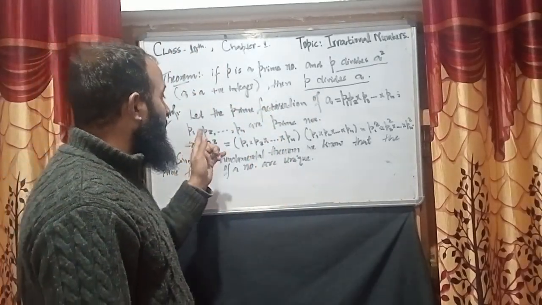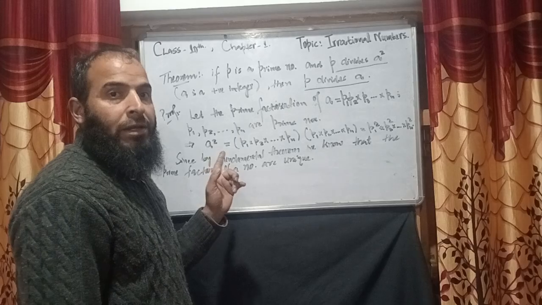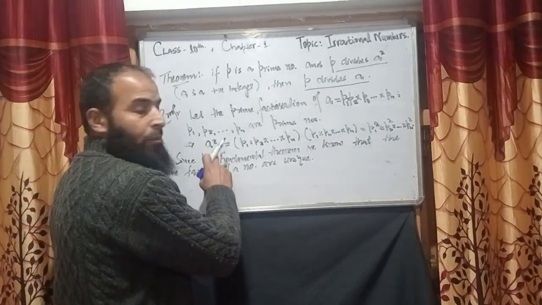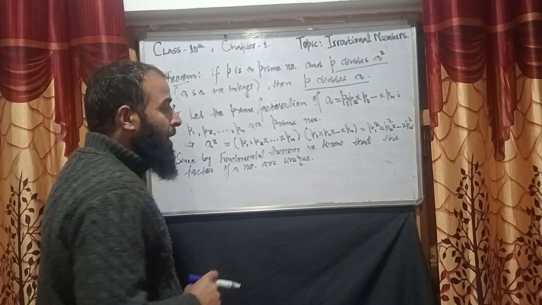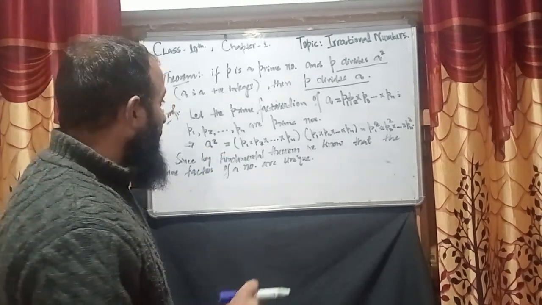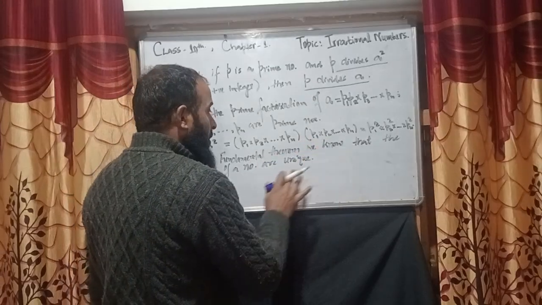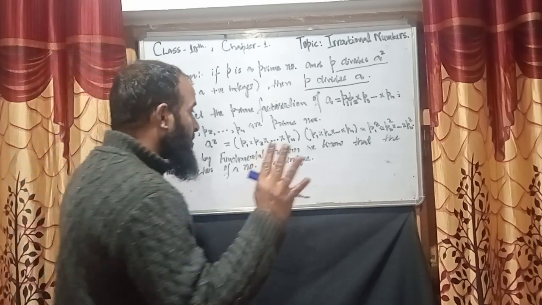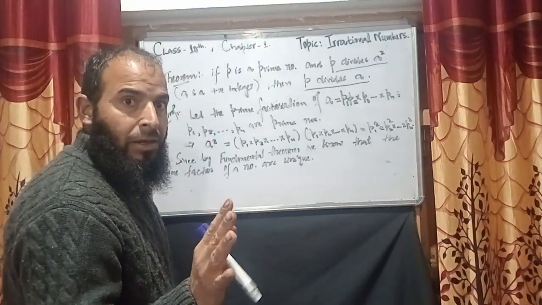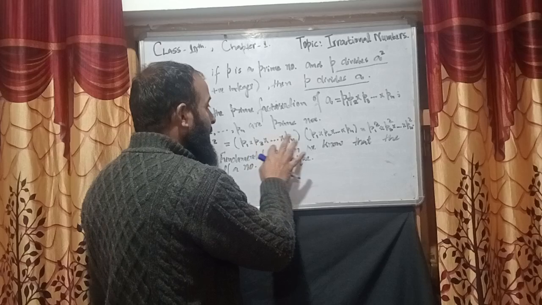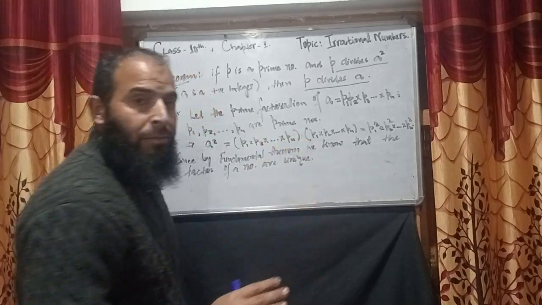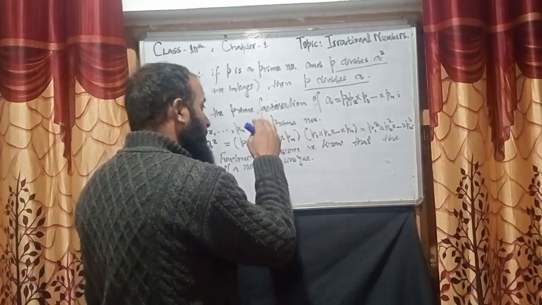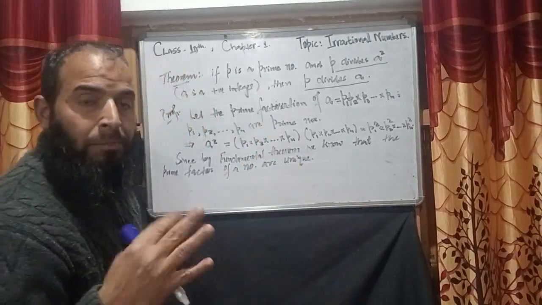Now since p divides a square, which implies by the uniqueness of the fundamental theorem, this p is one of these factors: p1, p2, or so on, or pn.